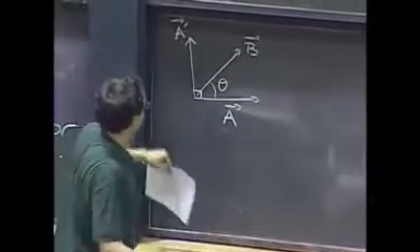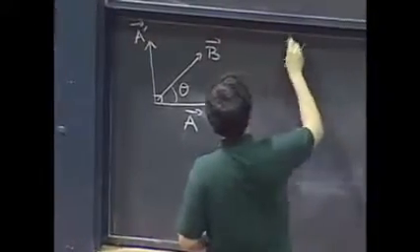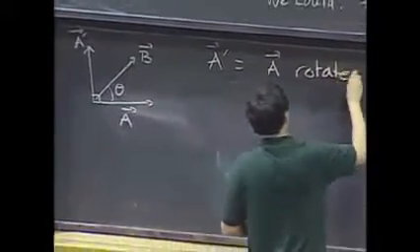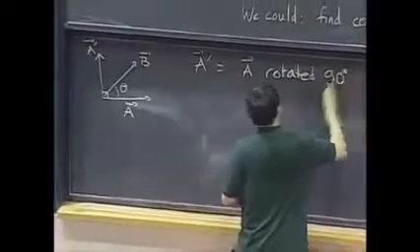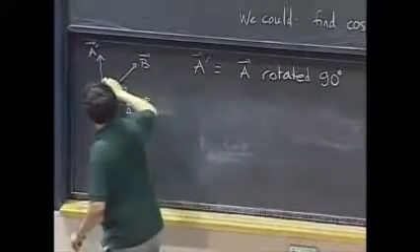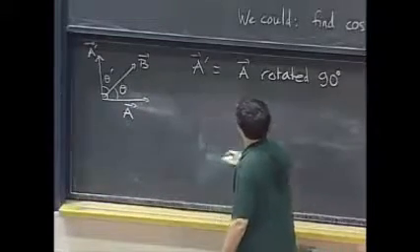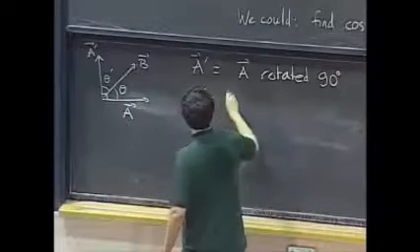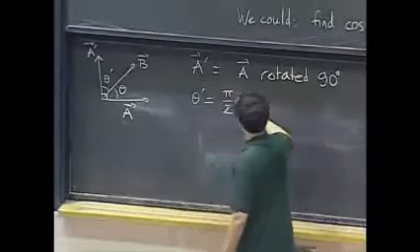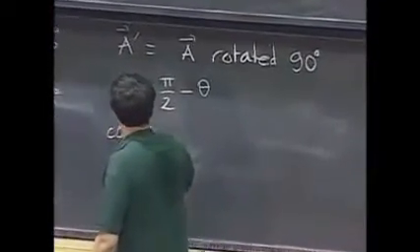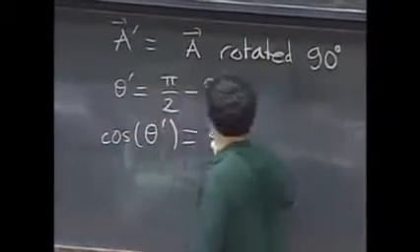Okay, so A prime is just A rotated by 90 degrees. Then the angle between these two guys, let's say theta prime, well, theta prime is 90 degrees or pi over 2 radians minus theta. So in particular, cosine of theta prime is equal to sine of theta.